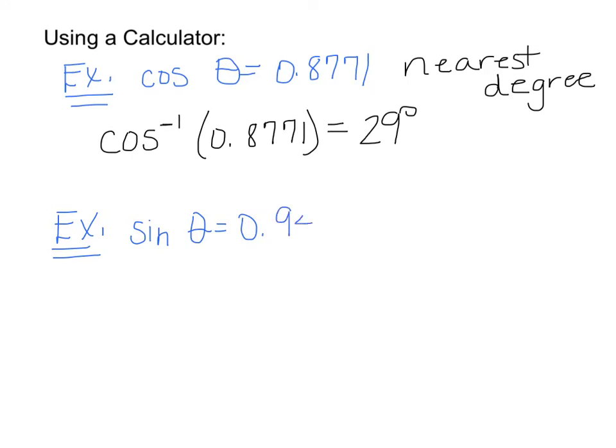And then if they ask you to do it in radians, then of course you want to make sure your calculator is in radian mode. And we're going to round to 3 decimals.